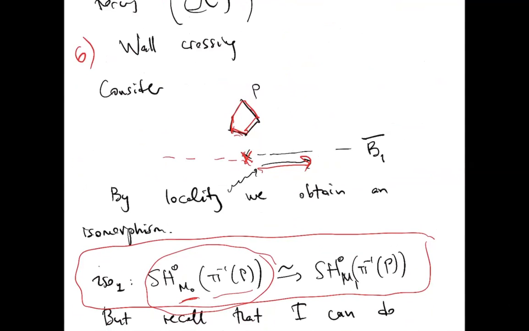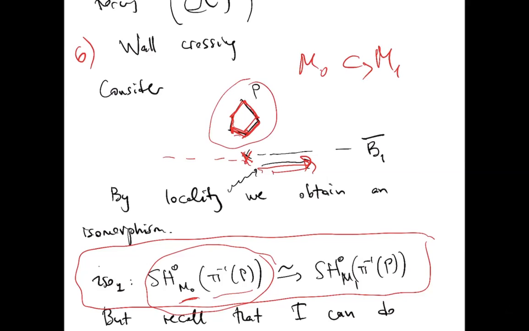So now I want to look at the relative symplectic cohomology of this subset of M1. Okay? And I know that I can embed M0 into M1 such that it contains this P in its image by moving this guy to the right.